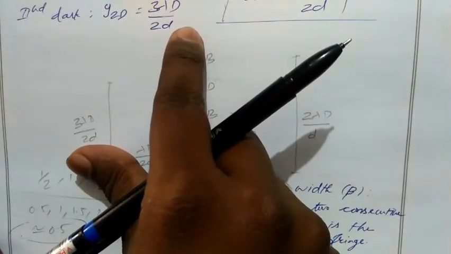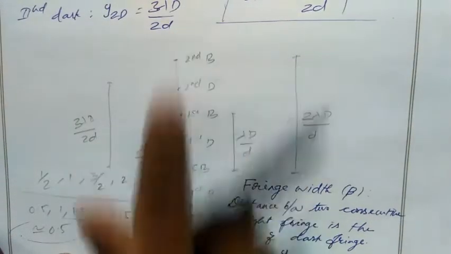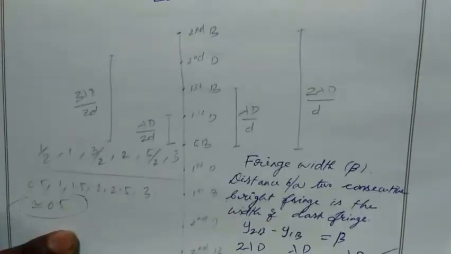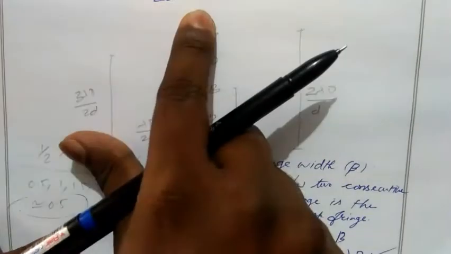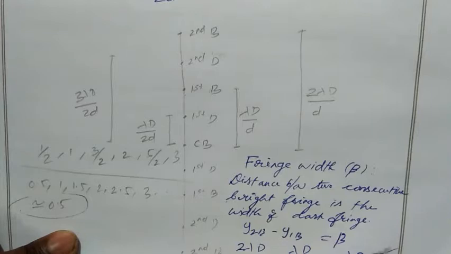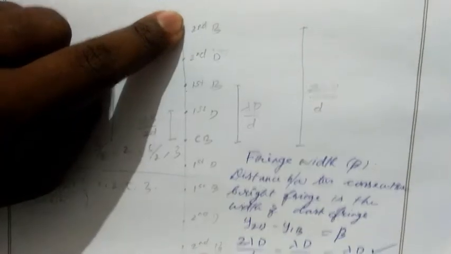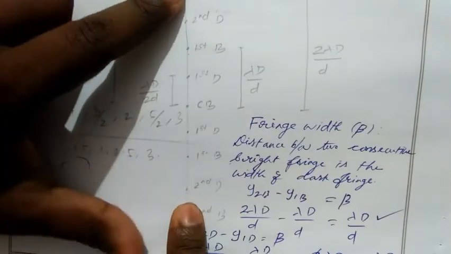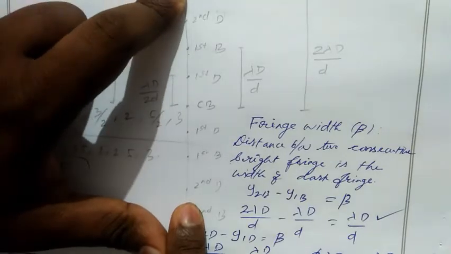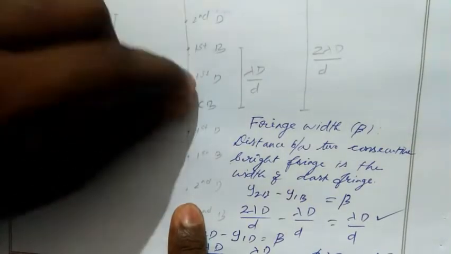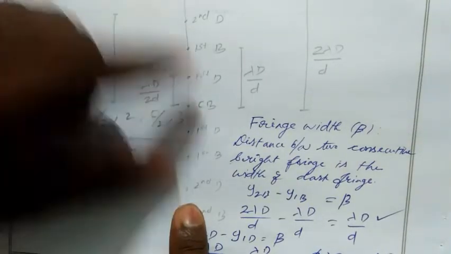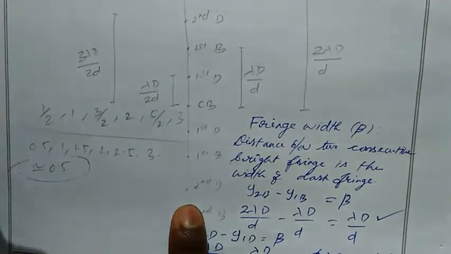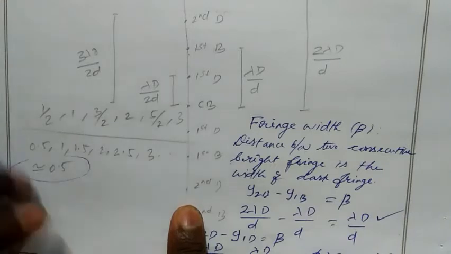Similarly, we can get the 11th bright here, and also the 7th dark or 7th bright, 11th dark. If we take the 7th bright here and the 11th dark at the bottom, then the total distance will be much more, correct? Here we have 7 plus here we have 11, nearly 18 distance. That's why the problem says on the same side.